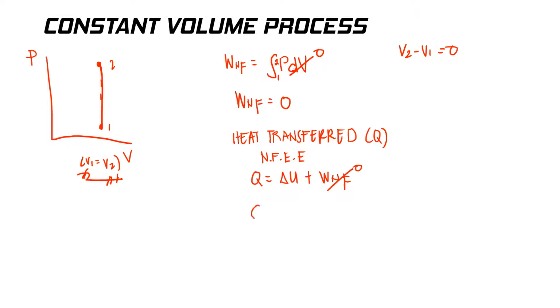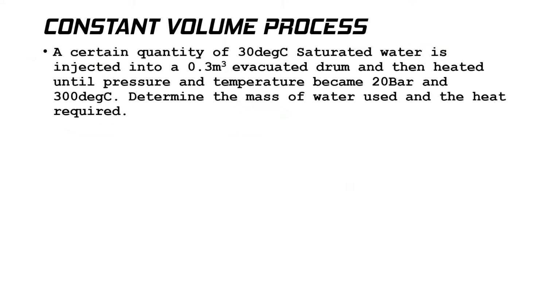Therefore, our heat is equivalent to our change in internal energy. Since we're dealing with specific internal energy, our heat energy is equivalent to the mass times the change in specific internal energy. So let's move on to our sample problem.